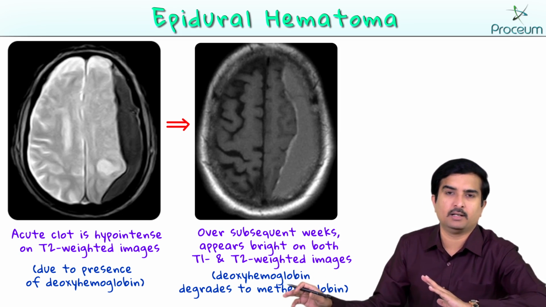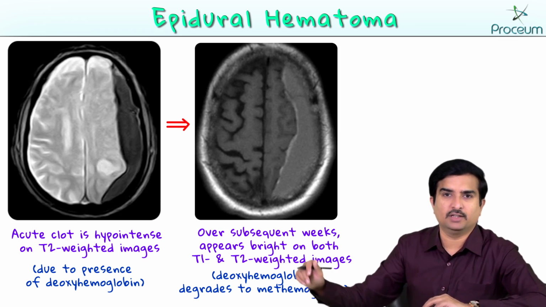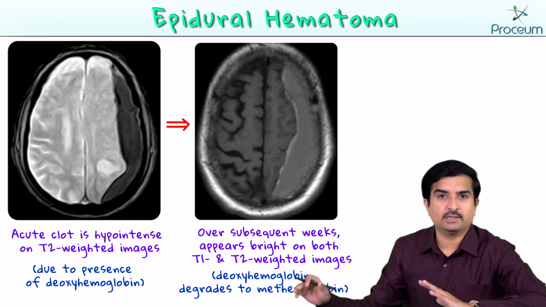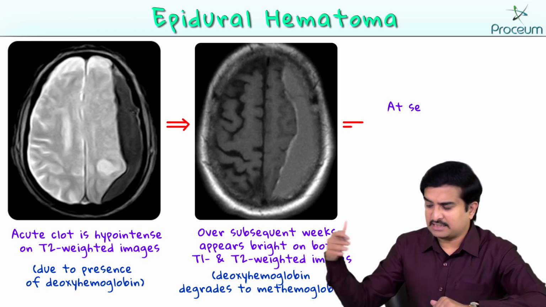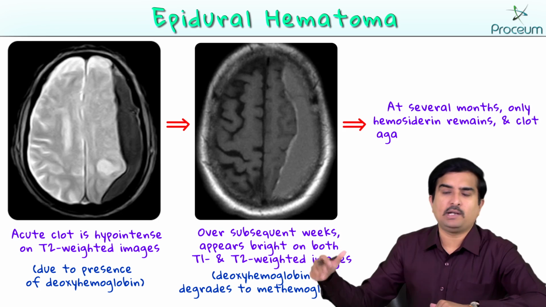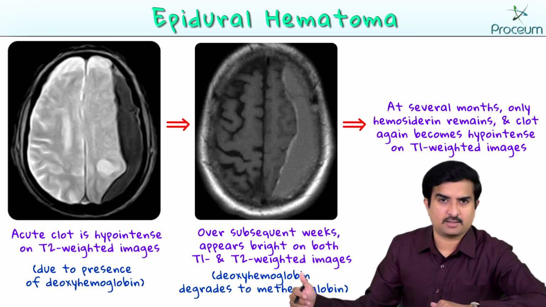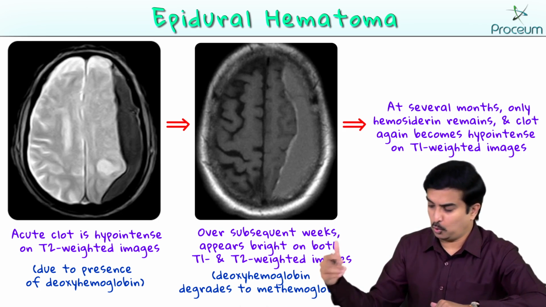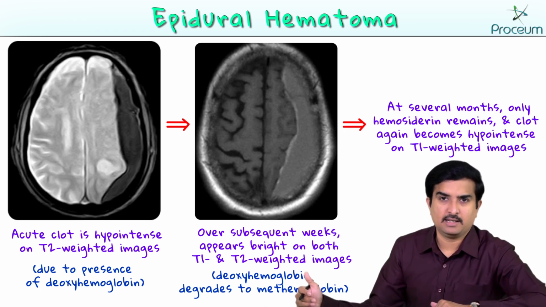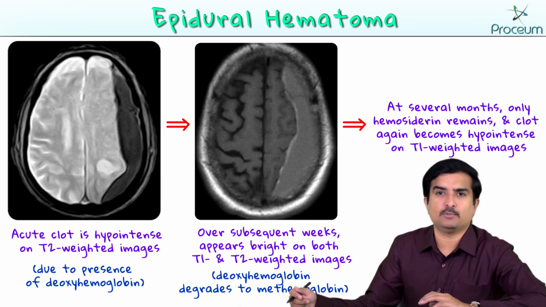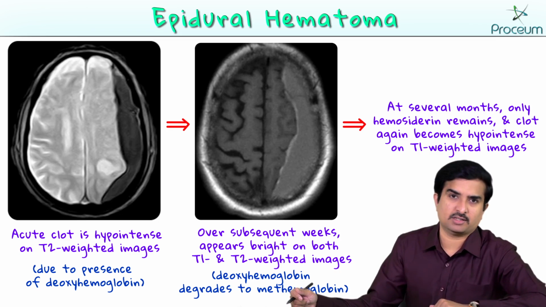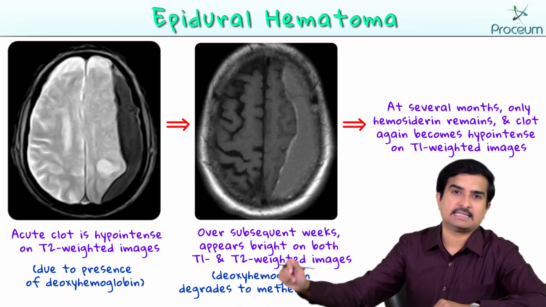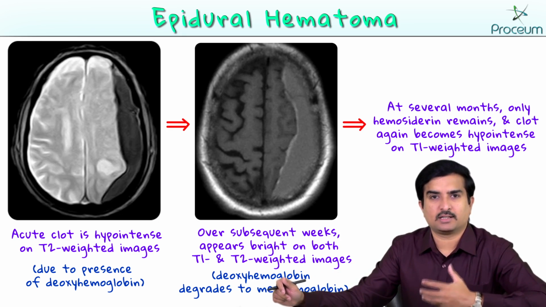Because the methemoglobin is formed because of the degradation of this, it will be hyperintense on both T1 and T2. And after several months, what will happen is only hemosiderin remains. After several months, remember this point, only hemosiderin remains, and the clot again becomes hypointense on the T1 weighted images. So this is how you can see the differences over time, right?